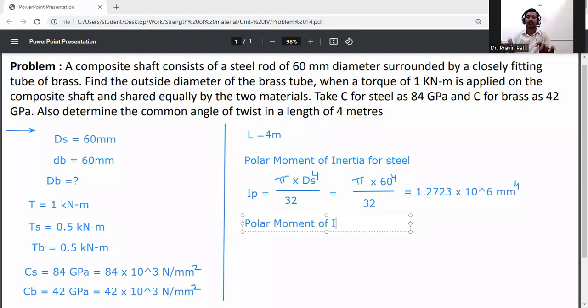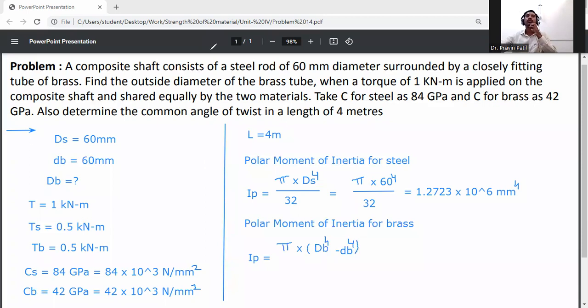It is a hollow tube, so it is pi into the external diameter of brass, DB, raised to 4 minus the internal diameter, small db, raised to 4, divided by 32.